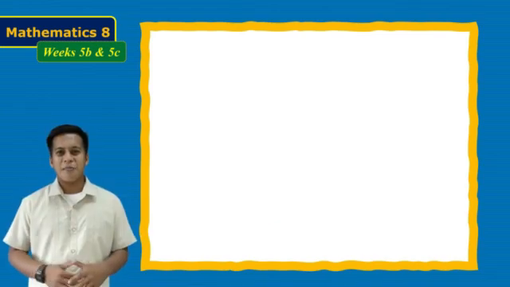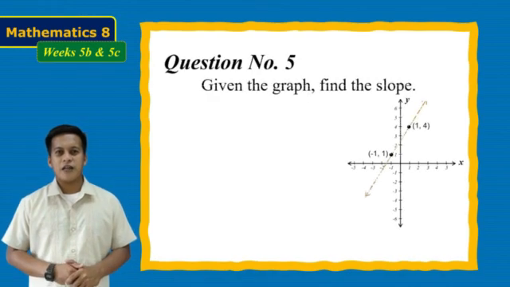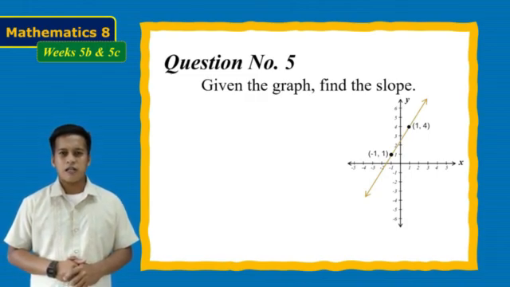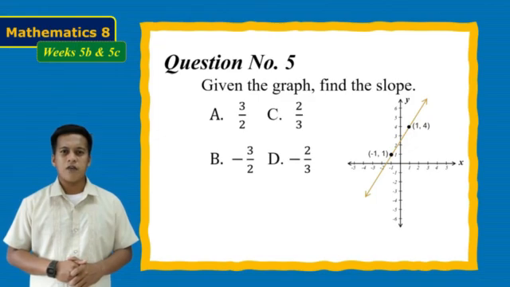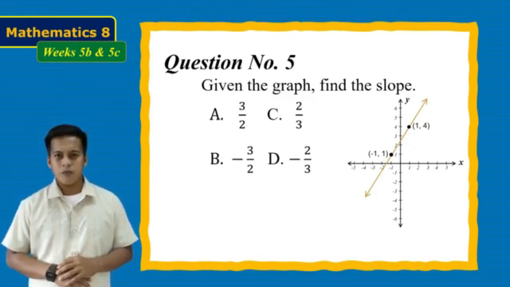The last number, given the graph, find the slope. The given 2 points of the graph are negative 1, 1, and 1, 4. Letter A, 3 over 2. Letter B, negative 3 over 2.